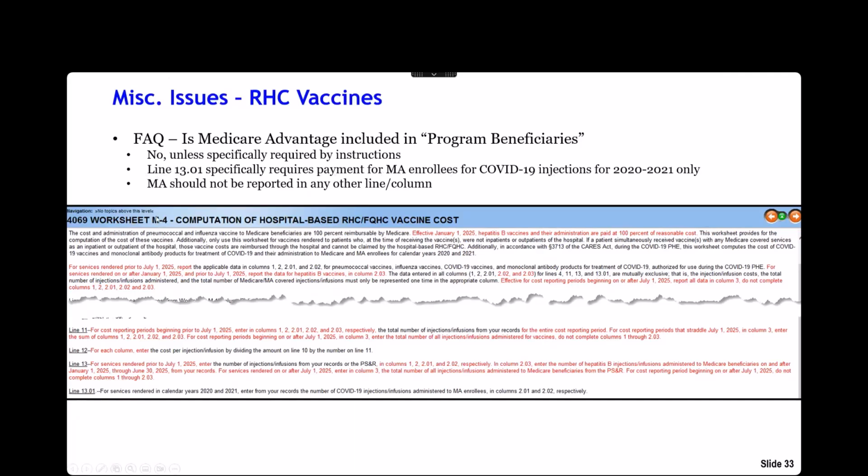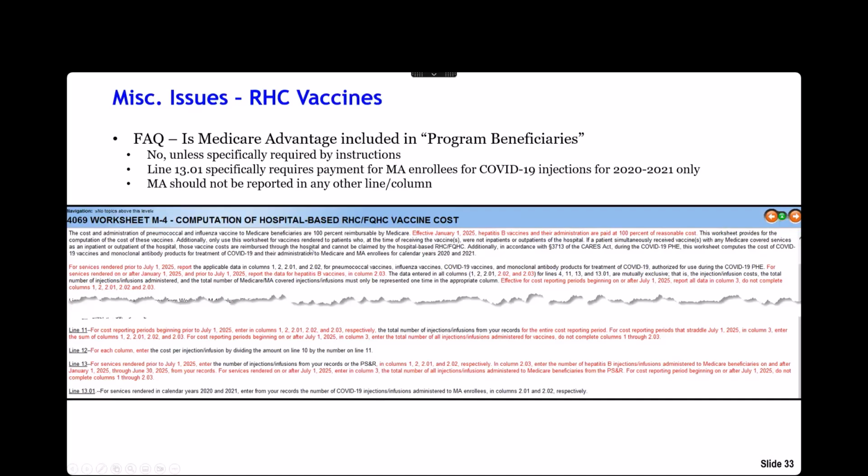And if we go down here and look at the M-4 instructions, starting in the first paragraph, it says, additionally, only use this worksheet for vaccines rendered to patients who, at the time of receiving the vaccine, were not inpatients or outpatients of the hospital. If they simultaneously received vaccines with any other Medicare covered service as an inpatient or outpatient of the hospital, the vaccines are reimbursed through the hospital and cannot be claimed by the RHC.